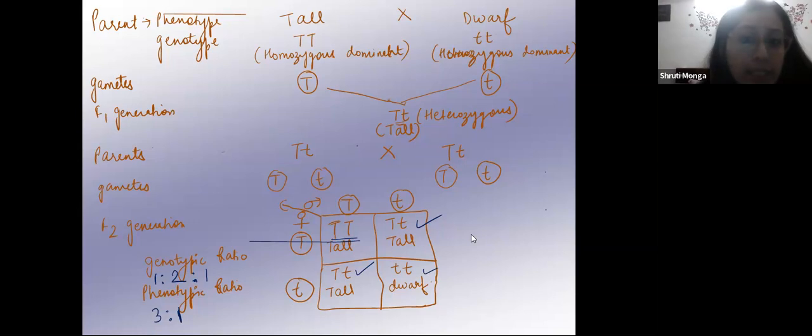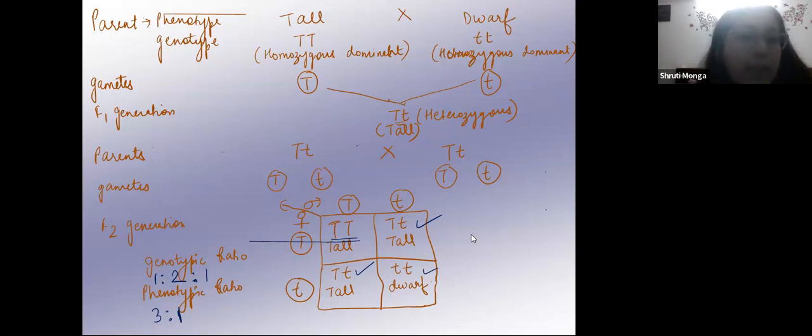See the Punnett square. It should be tall because the majority is tall only. No. The majority of them are tall, but the one plant here is short because it has both small t. That is why it is able to express itself this time, because both alleles are in recessive condition.